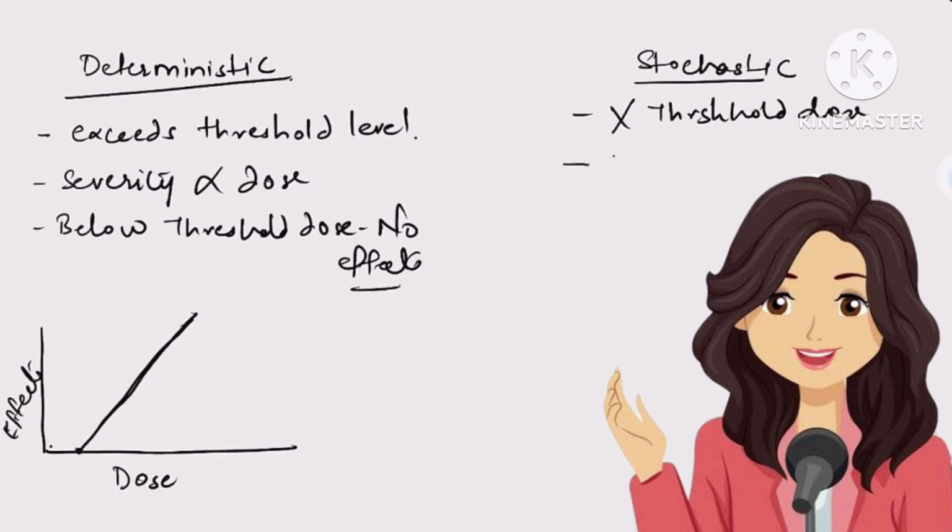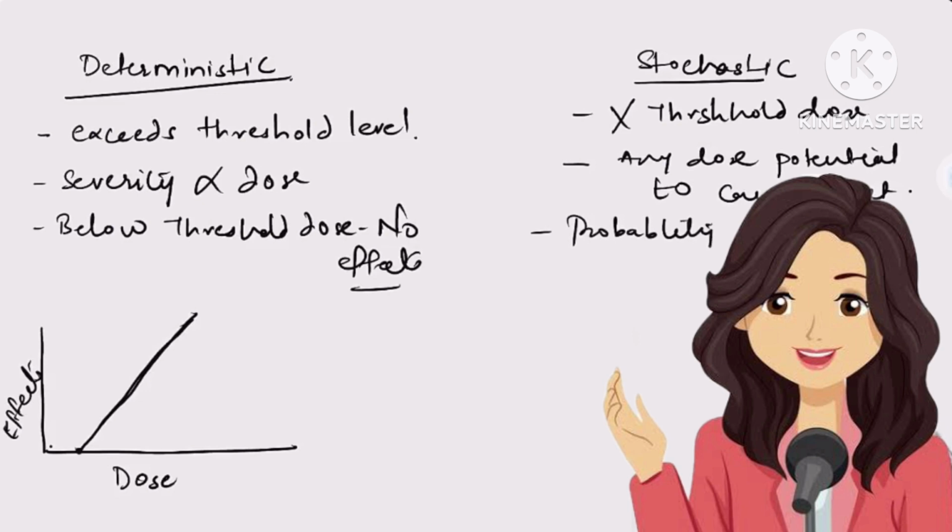Any small dose is potentially able to cause an effect. And the probability of the stochastic effect increases as dose increases.